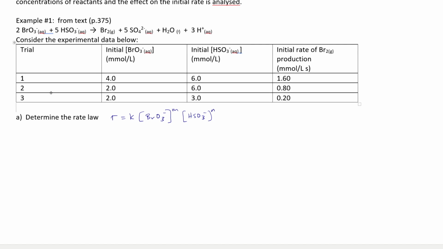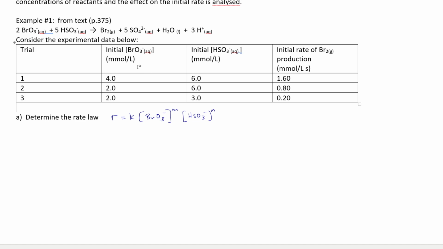So what I will do is pick two trials in which we have a constant concentration of one of these species. I will keep the concentration of bisulfite the same, and I will look at the difference of doubling the concentration of bromate and the effect that has on the rate of reaction.